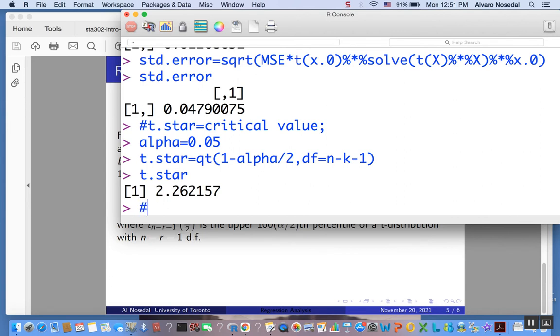Now the confidence interval, and remember that it's going to be just given by a lower confidence limit, or LCL, and upper confidence limit, or UCL.